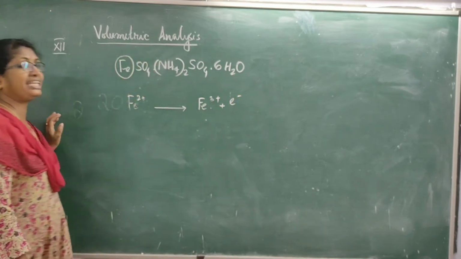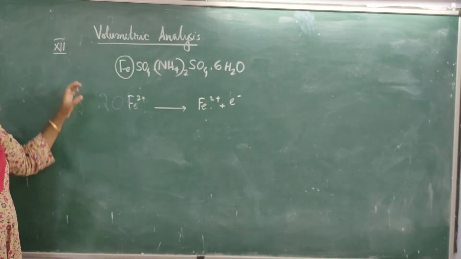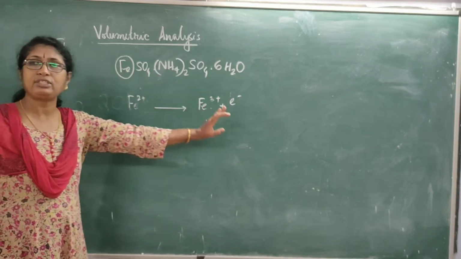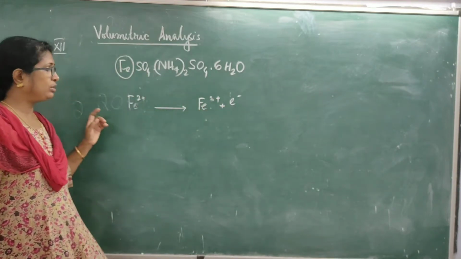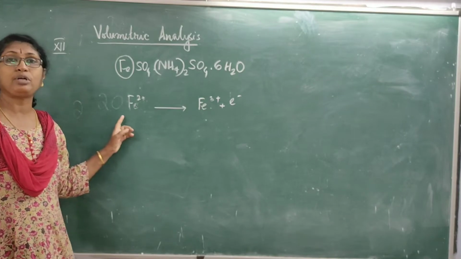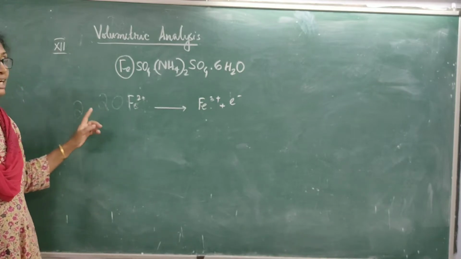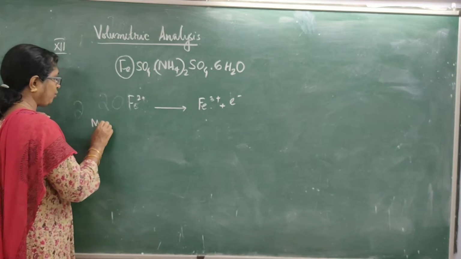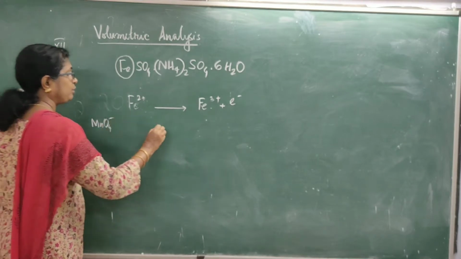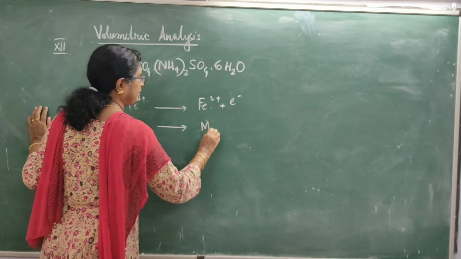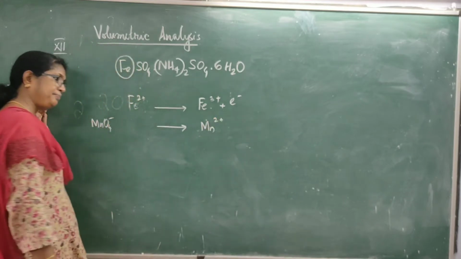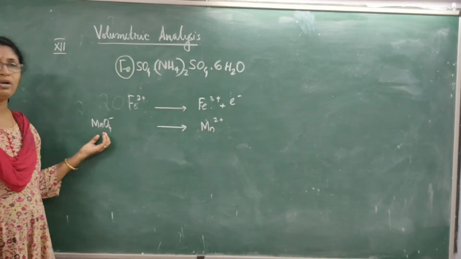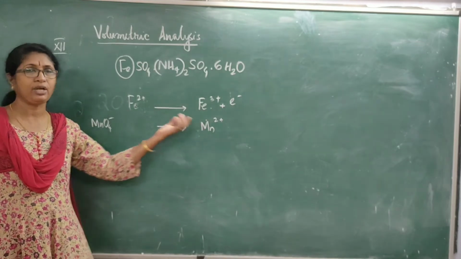This is the oxidation half reaction: Fe2+ is oxidized to Fe3+. Since it is oxidized, it is a good reducing agent. So it will reduce potassium permanganate, that is MnO4 minus ion, to Mn2+ ion.